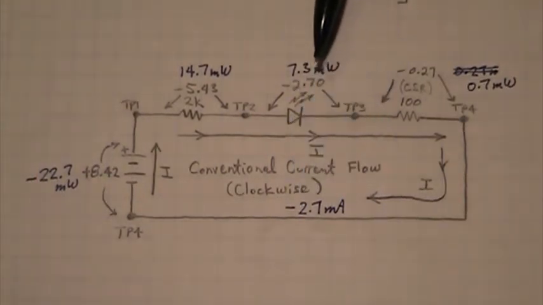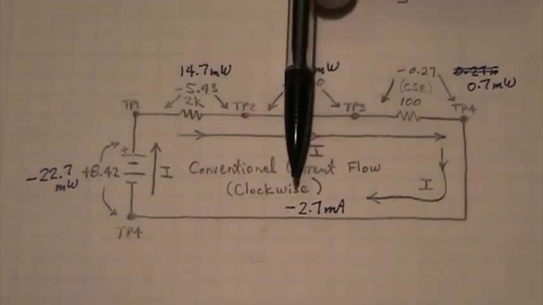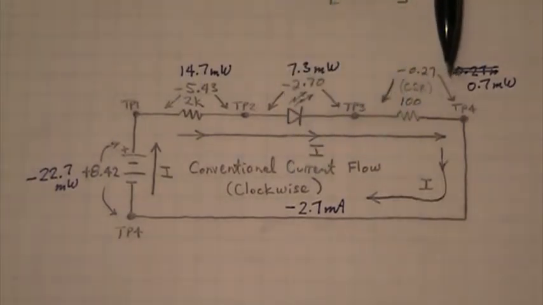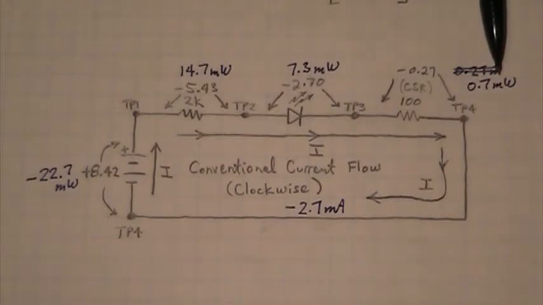Negative 2.7 milliamps times negative 2.7 volts equals positive 7.3 milliwatts. And our negative 2.7 milliamps times our negative 0.27 volts across our CSR equates to 0.7 milliwatts. So that's a positive.